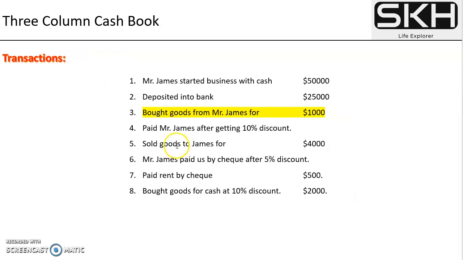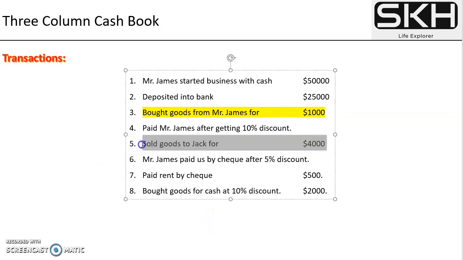Let's go to the next transaction. Sold goods to James. Again, I'm using the same name, so let's change the name, maybe. I'll put Jack. So sold goods to Jack for 4,000. As this is also a credit transaction, I'm not going to record it in our books. But here Jack paid us by check after 5% discount. So he is paying us 4,000 and we are giving him discount. We have to see how much is 5% of 4,000. 4,000 into 5 divided by 100, and that is 200.